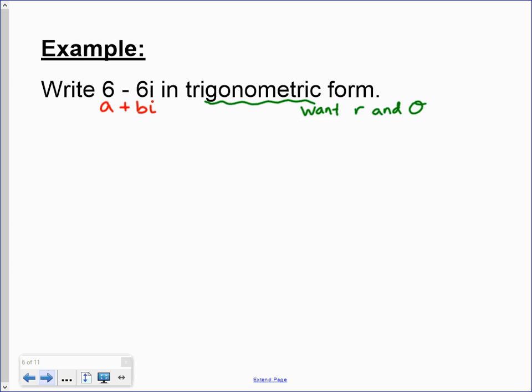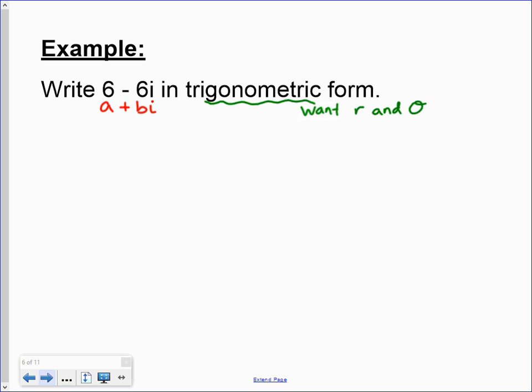So have a quick chat with the people around you. Are you able to find R and theta for this complex number? What would you do? How are you guys going to find R? Pythagorean theorem, square root of A squared plus B squared. A is 6, B is negative 6.